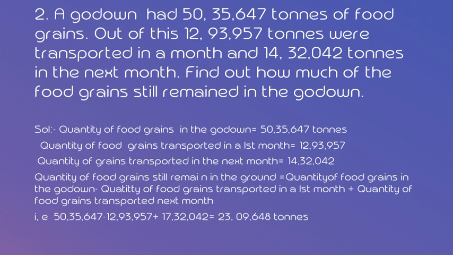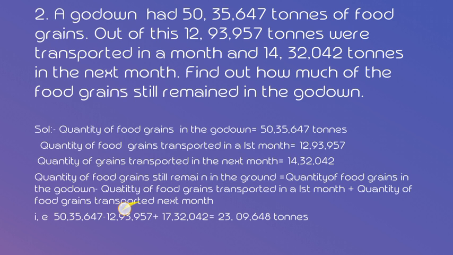How much food grains are in the godown? 50,35,647 minus 12,93,957 which is transported in the first month plus 17,32,042 which is transported in the next month.